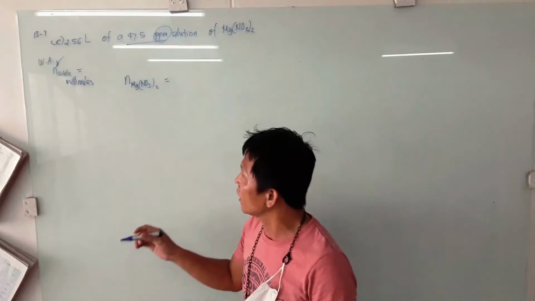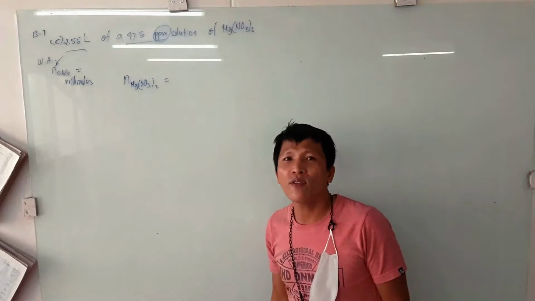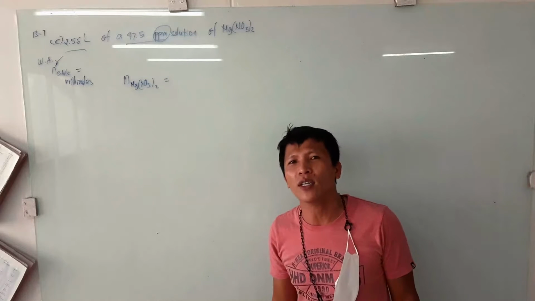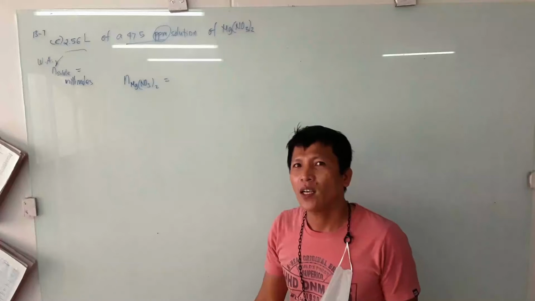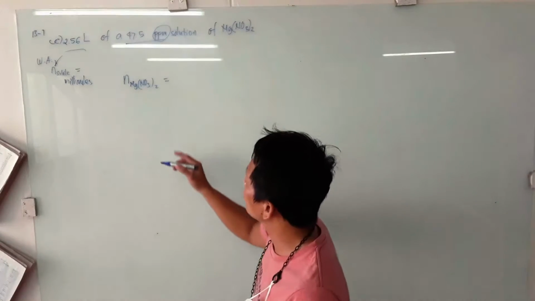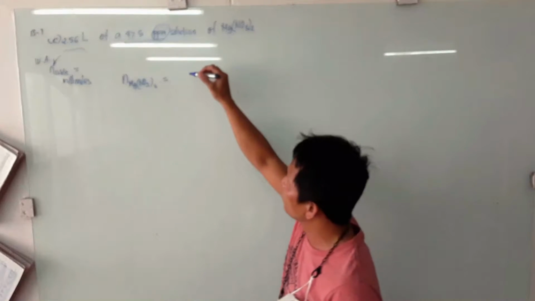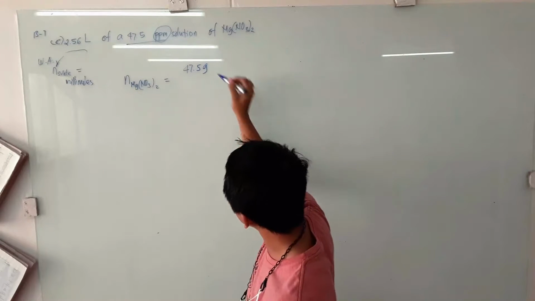This is because, as you can see, we have a volume of solution. So we need that information, the density of water, for us to interconvert from mass to volume. So you only have to think of 47.5 as mass. That is, if we try to define it, it would be 47.5 grams.